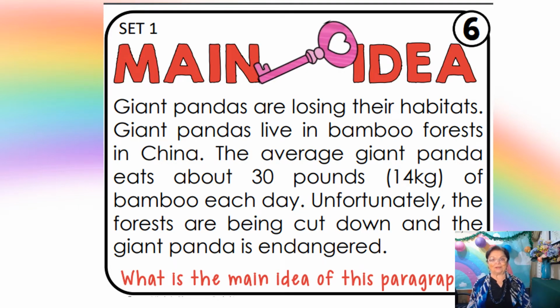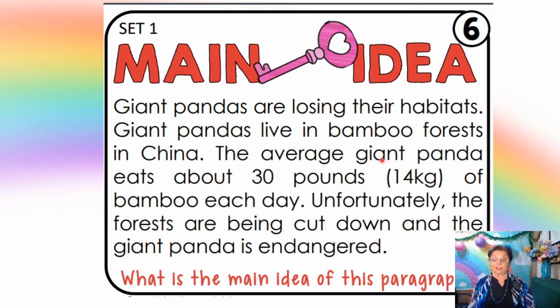Hi, glad you're back. Now we're going to practice finding the main idea and supporting details in some paragraphs. Let's look at this one. Giant pandas are losing their habitats. Giant pandas live in bamboo forests in China.